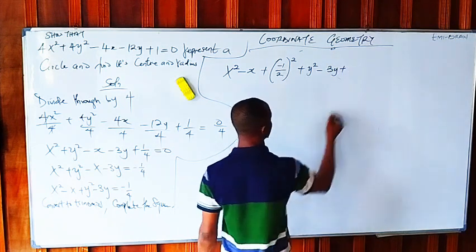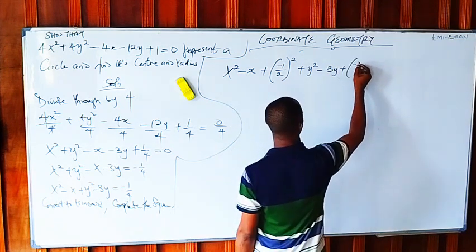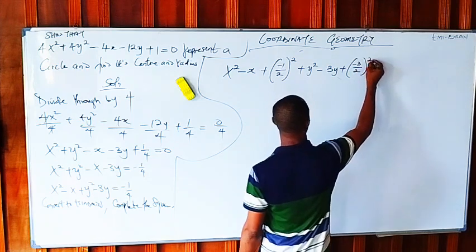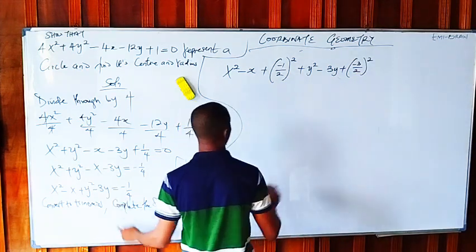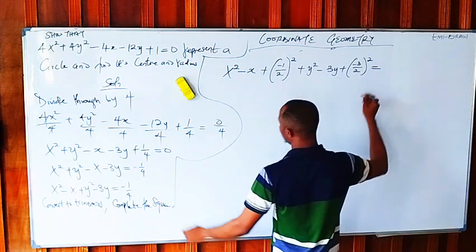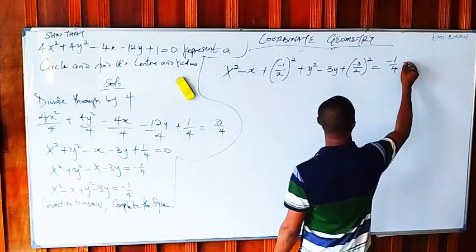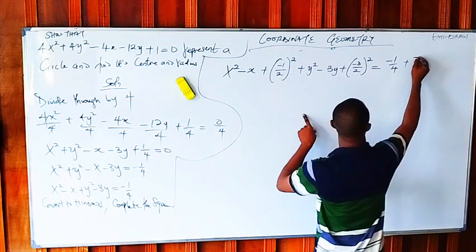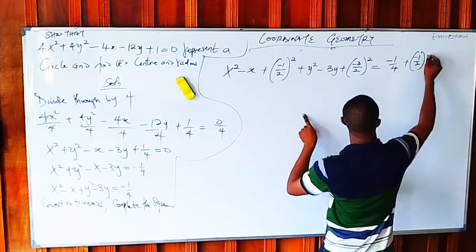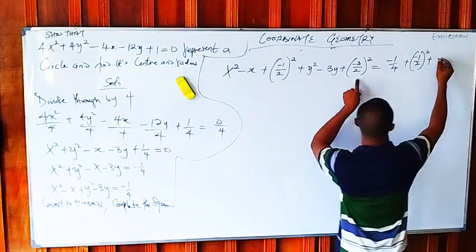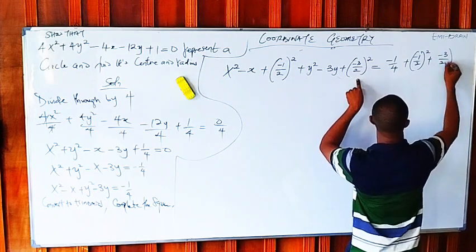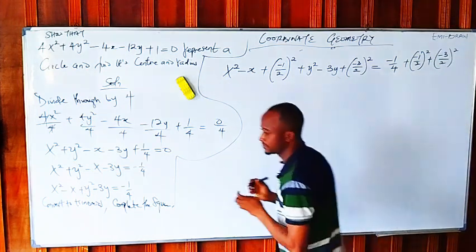Plus we add again minus 3 over 2 all squared. Is it making sense? Equals minus 1 over 4 plus minus 1 over 2 all squared plus minus 3 over 2 all squared. Thank you.